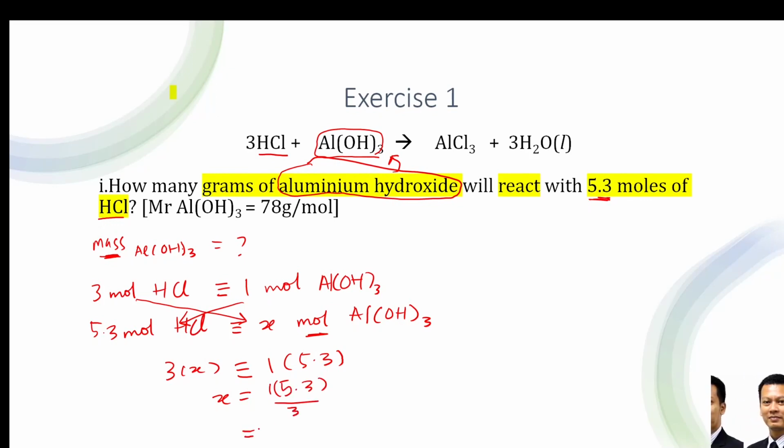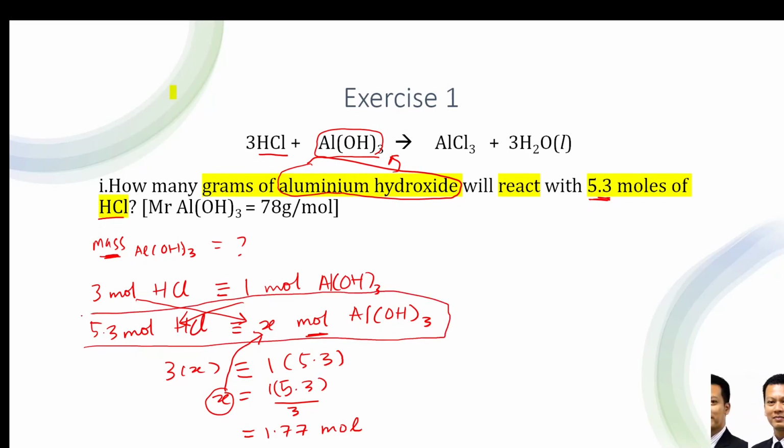Let me calculate this one. 1.77 mole. What is 1.77 mole? This is x. x is mole of aluminium hydroxide.